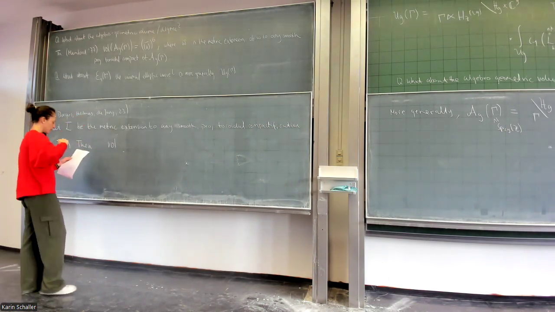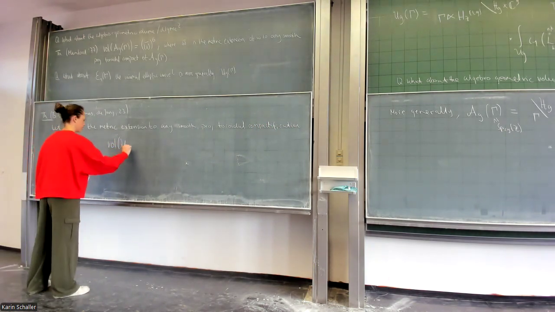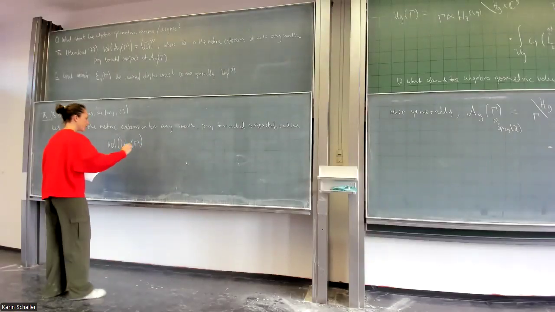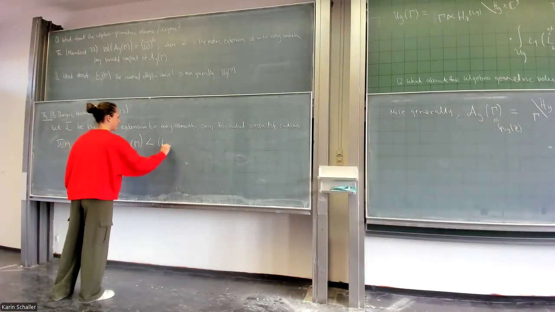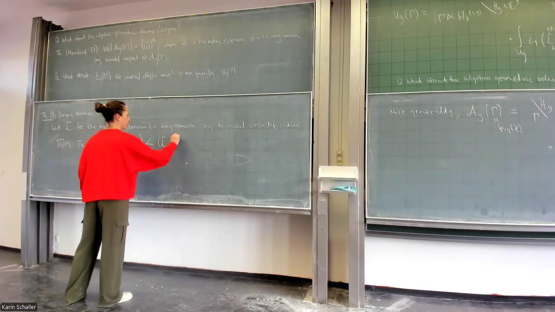So the volume that we saw before is going to be strictly smaller than the top intersection number.